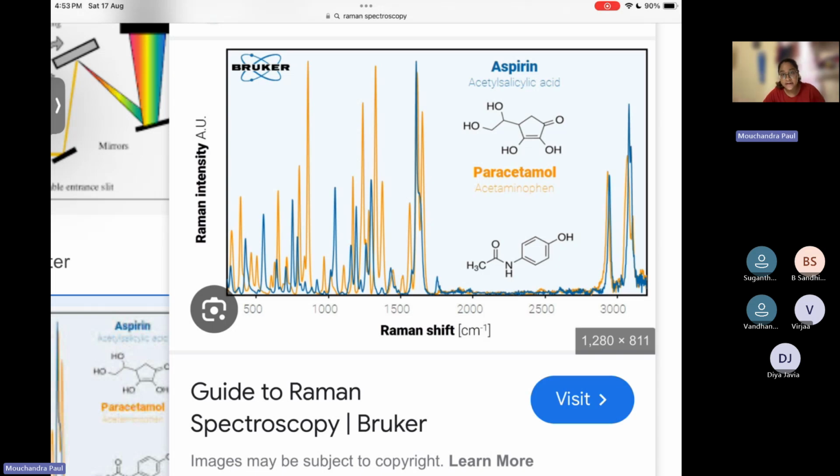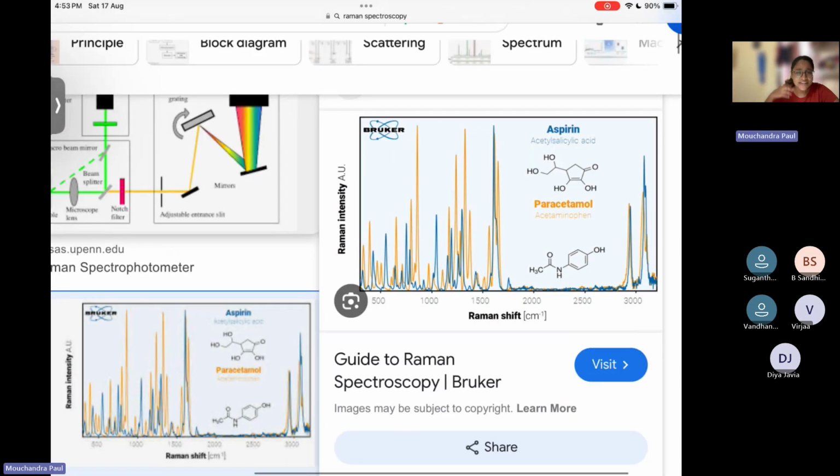Depending on what kind of chemical bonds were there and how those bonds caused Raman scattering, there's a detector that captured the scattered light and gave you this kind of spectrum. So this is again a signature spectrum of a particular molecule. Okay. Now, much information can be extracted from Raman spectroscopy. Different types of machines are also coming nowadays, but the primary objective of this technique is to find the functional groups.